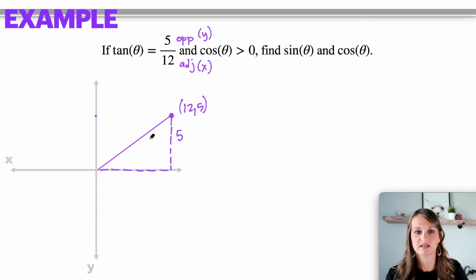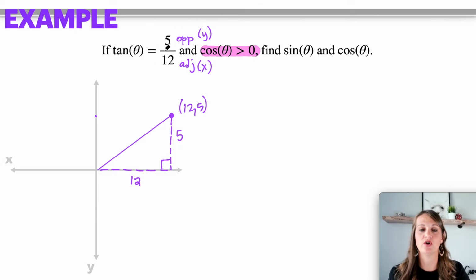Opposite over adjacent. Now, here's the deal though. I have to give you one more piece of information in order to do that, because here's the deal. What if it was both negative 5 and negative 12? It would still turn positive.